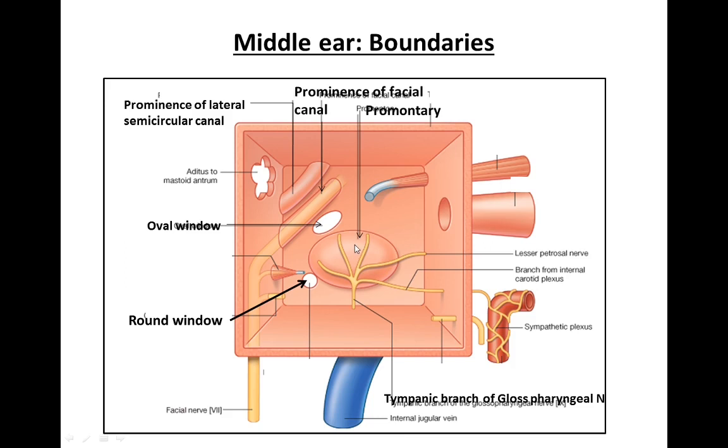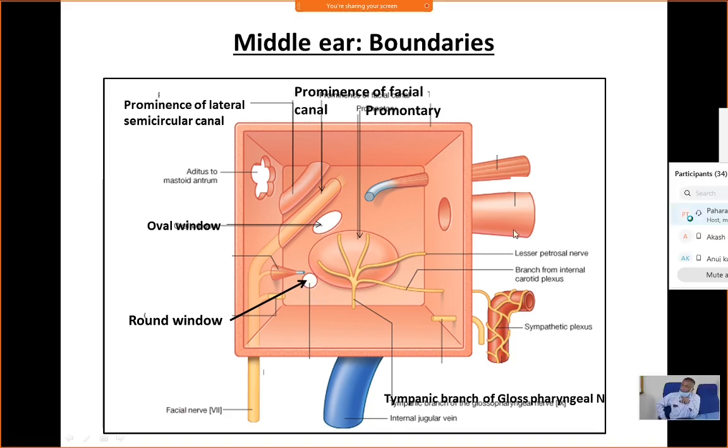Just above and posterior, that is supero-posterior to the promontory, there is an opening called the oval window. Then posterior-inferior to the promontory, there is another round opening.